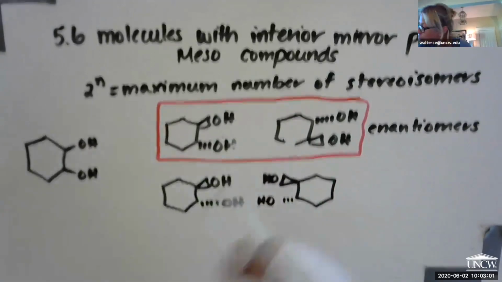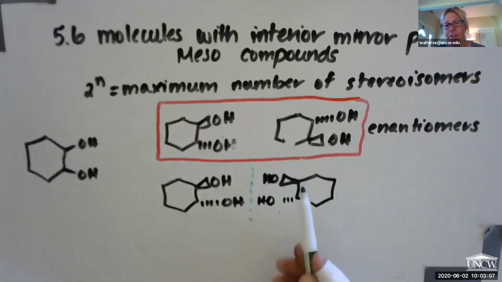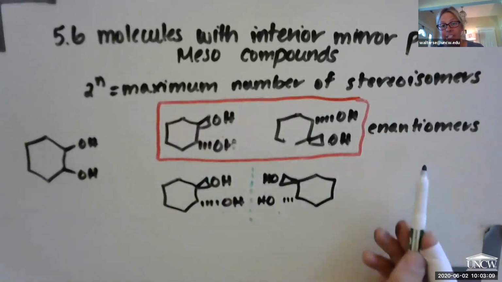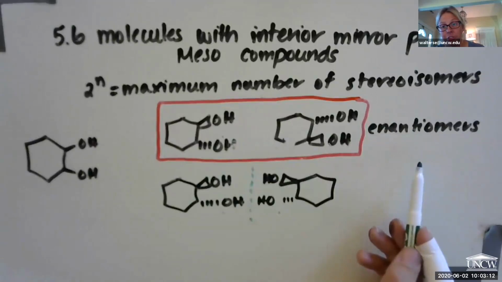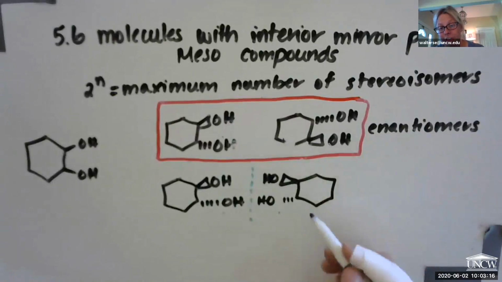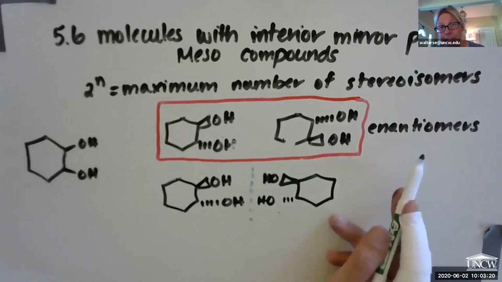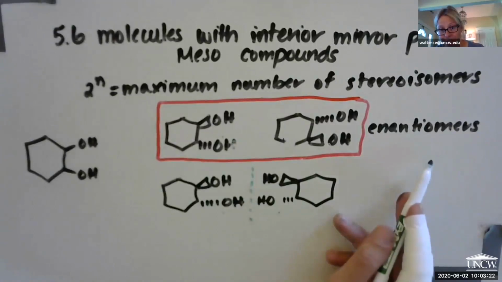And then here's your plane of reflection. So they're mirror images, but they're not superimposable, so they're enantiomers. Non-superimposable mirror images are enantiomers. Non-superimposable non-mirror images are diastereomers.